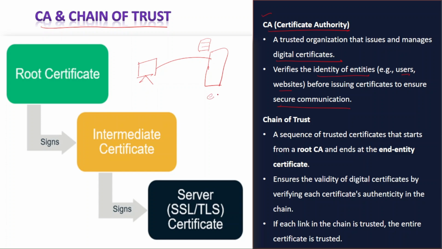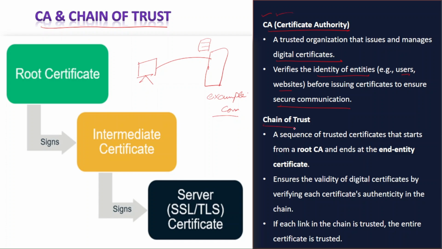If the website says that it is example.com, it verifies all the detail, that who owns this website, what is the organization, and all the other relevant details before issuing the certificates. And once the certificate is issued, then the client can trust the certificate because it is issued by a reputable CA.